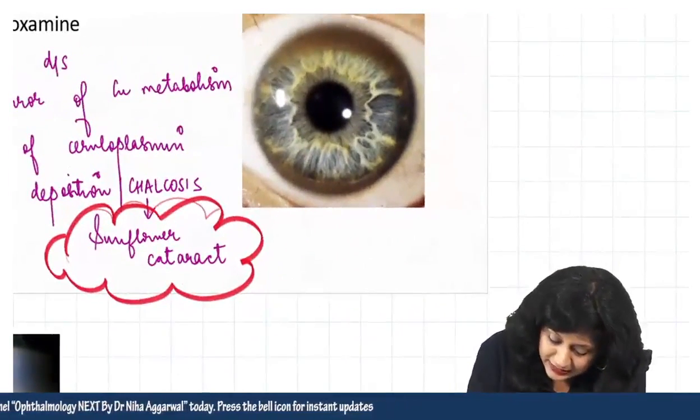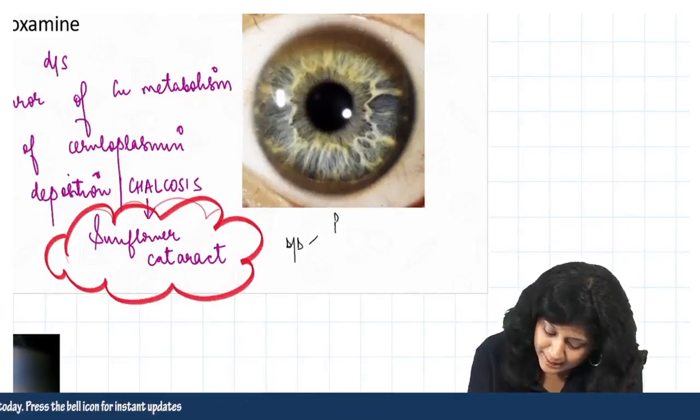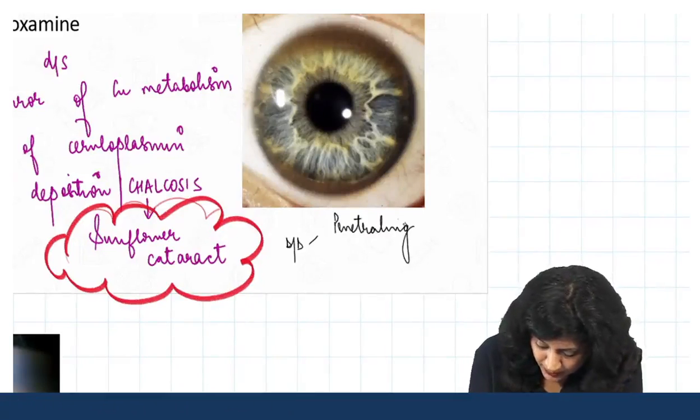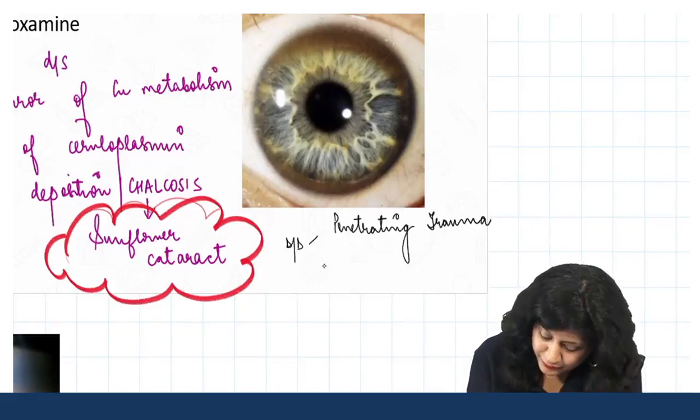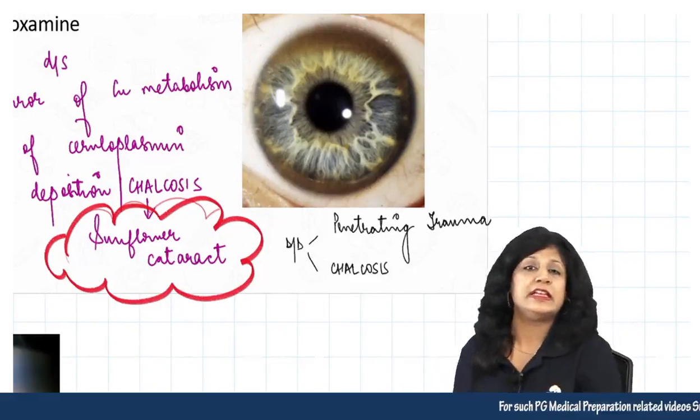Other causes, if you look at the DD, we also have penetrating trauma. Penetrating trauma is also there, and then we have copper deposition. The chalcosis in general can also lead to sunflower cataract.